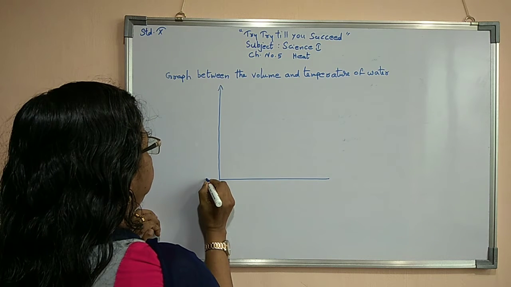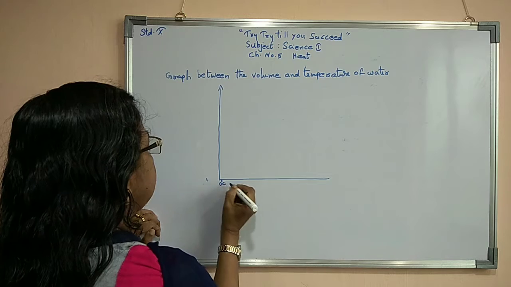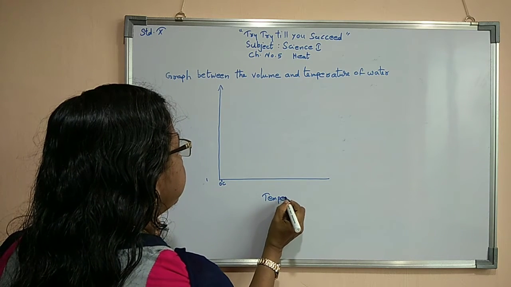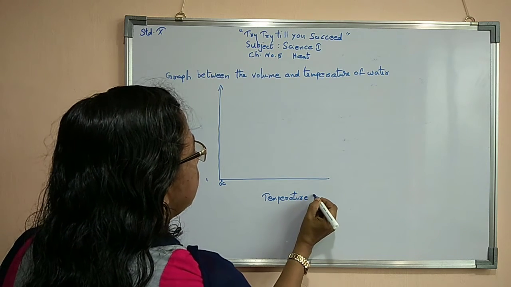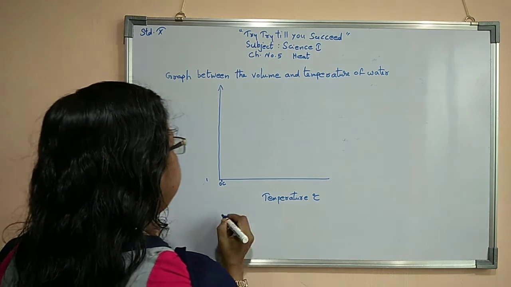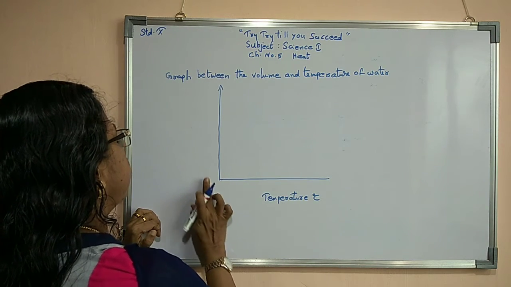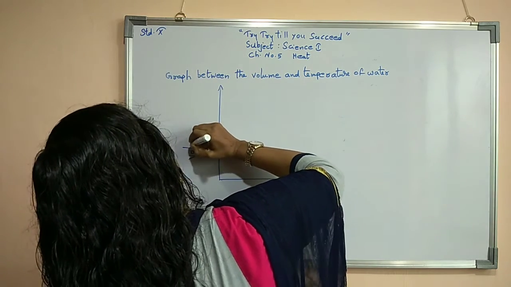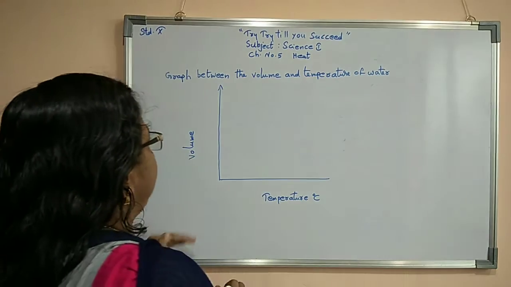Here, 0 degrees Celsius, that means here we are showing the temperature in degrees Celsius. Here we are showing the volume of the water.